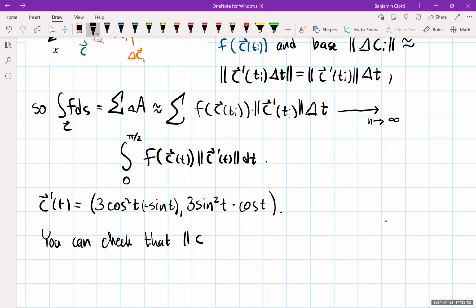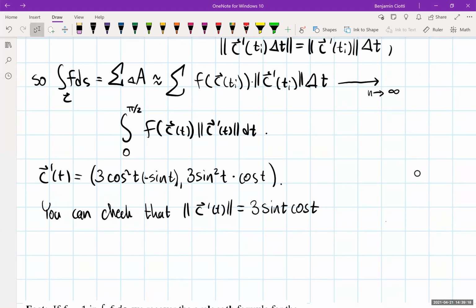You can check that the speed in this problem ends up being 3 sine t cos t. So doing that calculation is a good exercise. Again, I can show in office hours if anyone wants to see how or why.